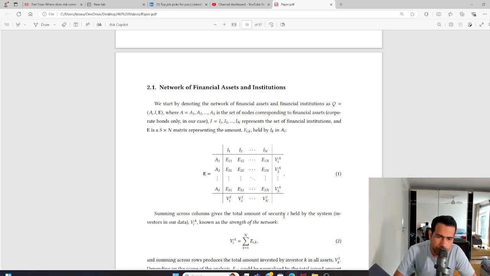So the modeling techniques are very simple in the world of industry, whereas in the academic world, people sometimes use very sophisticated, very complicated modeling techniques, and they may not always be very useful for the real world.